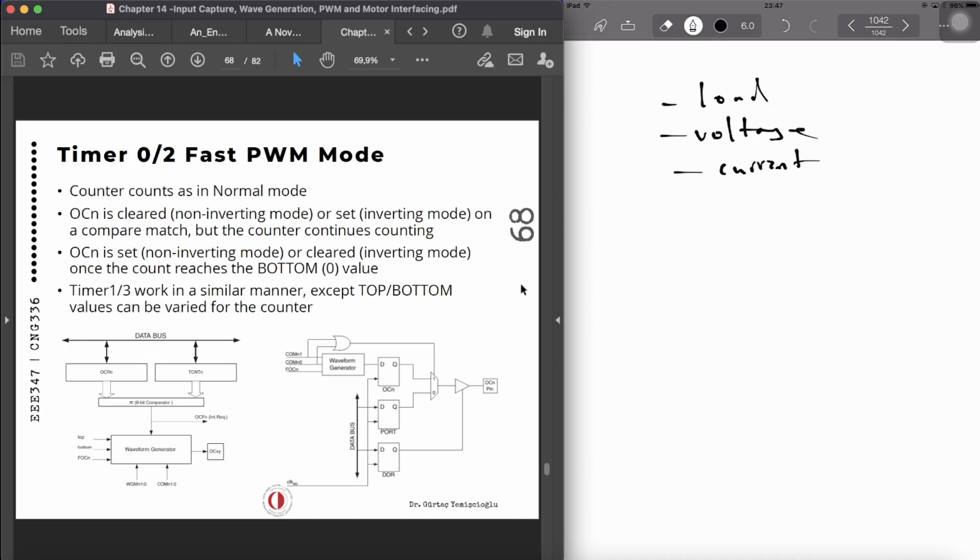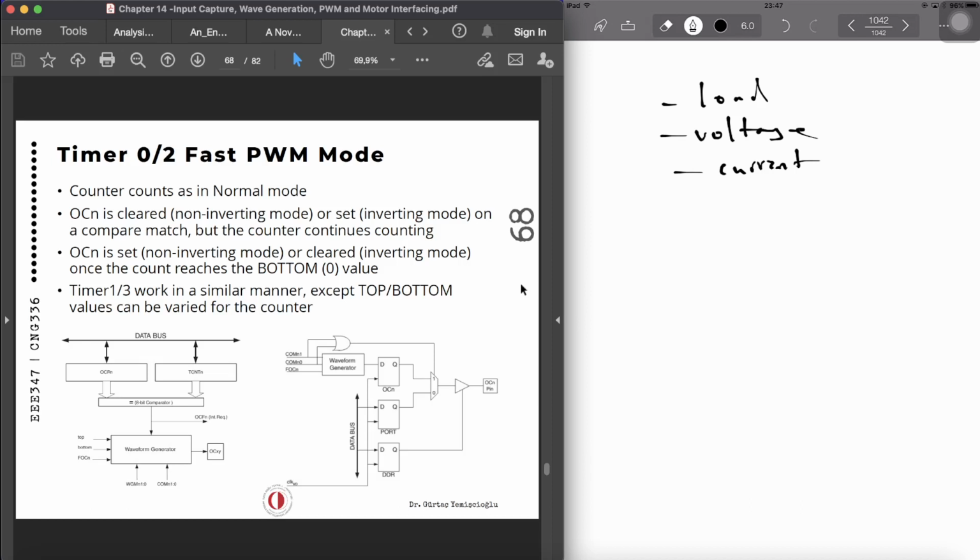The OCn pin is set in non-inverting mode, or cleared in inverting mode, once the count reaches the bottom value of 0. Timers 1 and 3 work in a similar manner, except the bottom and top values can be varied for the counter. For 8-bit we know 0 and 256, but in timers 1 and 3, which are 16 bits, these are changing.